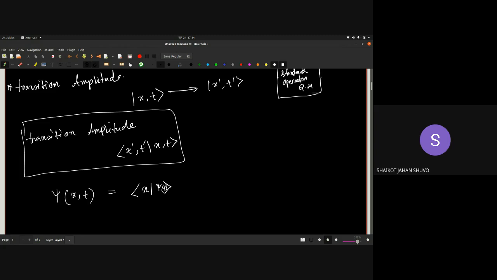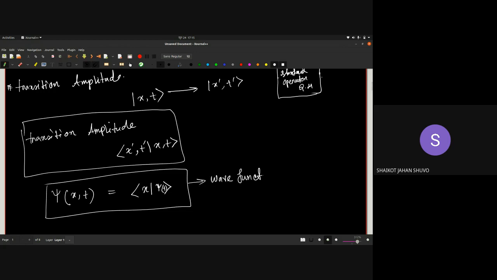So these abstract vectors will have this time inherited with them. Time is just running in the background. So this is how you write your position state or position representation, whatever you want to call it. This is also known as the wave function of a particle.